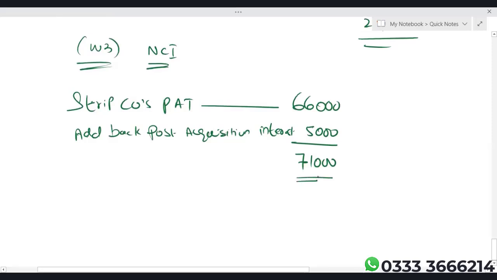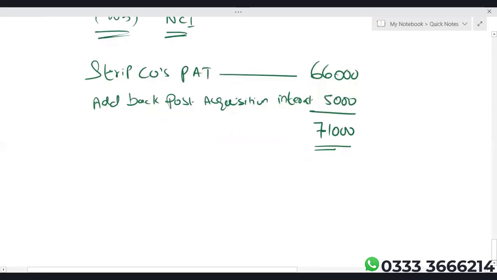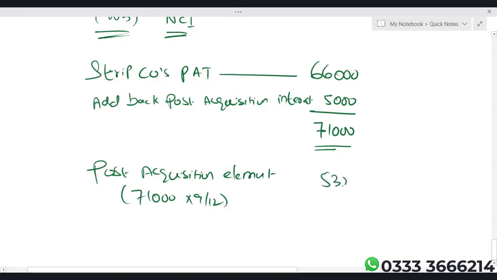Why it was necessary, I'll tell you. You cannot time apportion 66,000. The total profit of your subsidiary is 71,000, not 66,000. Logically, we have to time apportion 71,000 by 9/12 for the post acquisition element. 9/12 is 53,250.